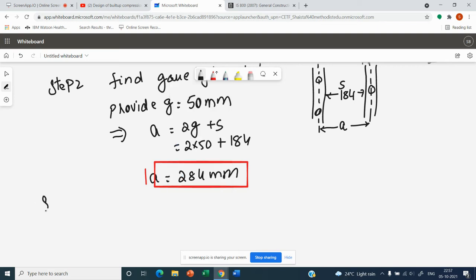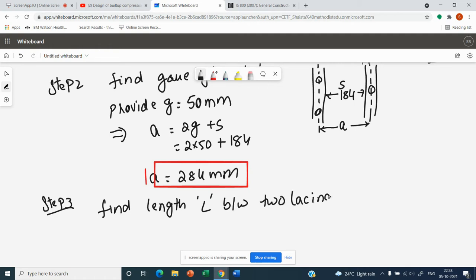Step 3. Step 3, find the length between two lacings. Find length, capital L, between two lacings, two consecutive lacings, I should say. Okay. So let us work out on the same diagram.